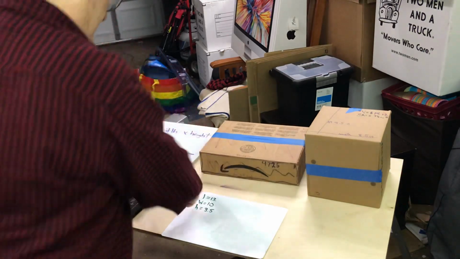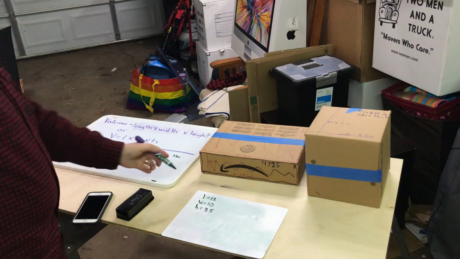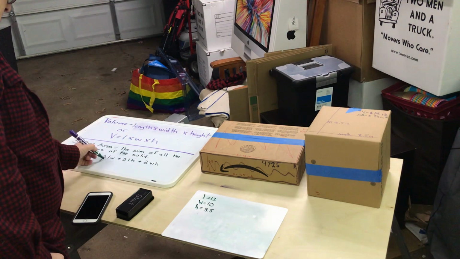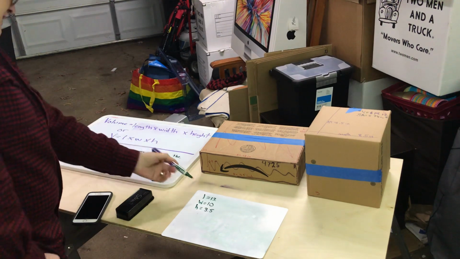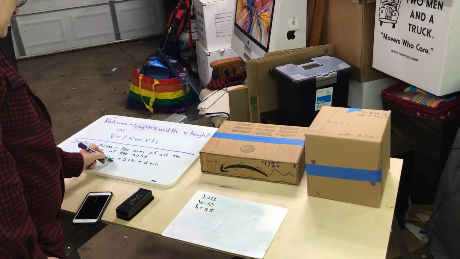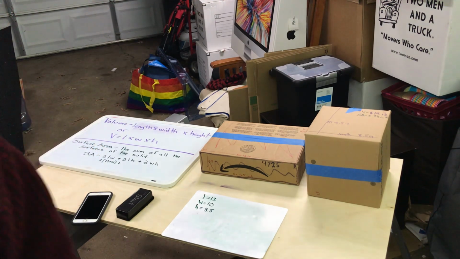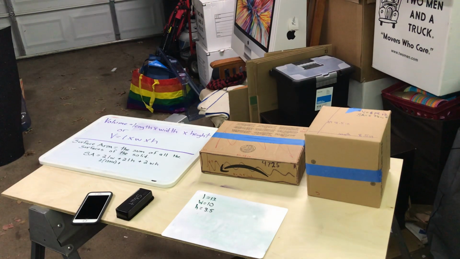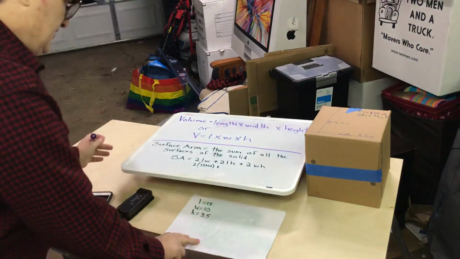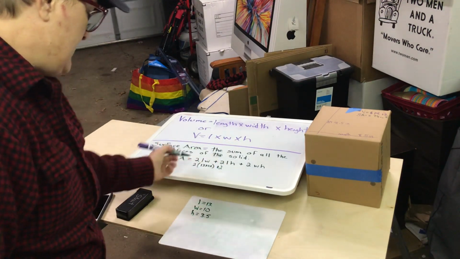So I have to have those numbers to plug into this equation. For this box, it would be 2 times the length and the width, 13 times 10, plus 2 times the length and the height.